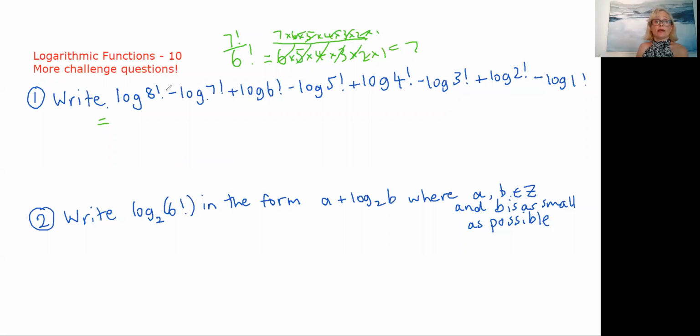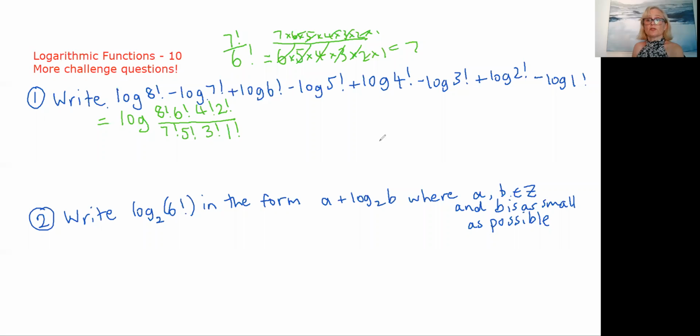Now everything that's added, we're going to be multiplying those powers. So we're going to have 8 factorial times 6 factorial times 4 factorial times 2 factorial. And everything that's been subtracted as a log is going to end up in our denominator, being divided.